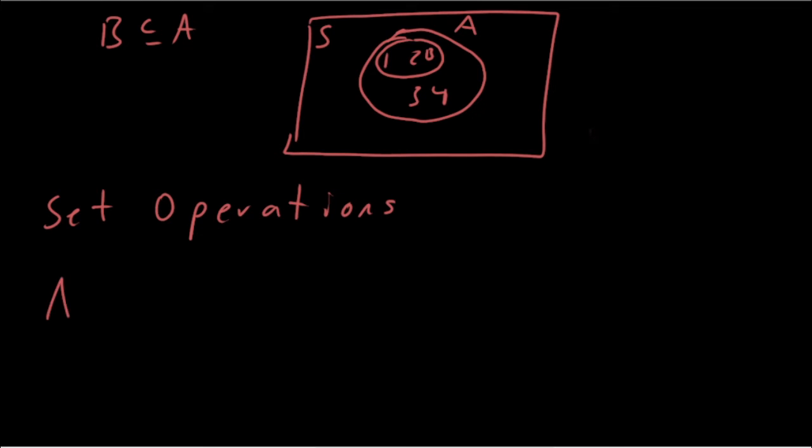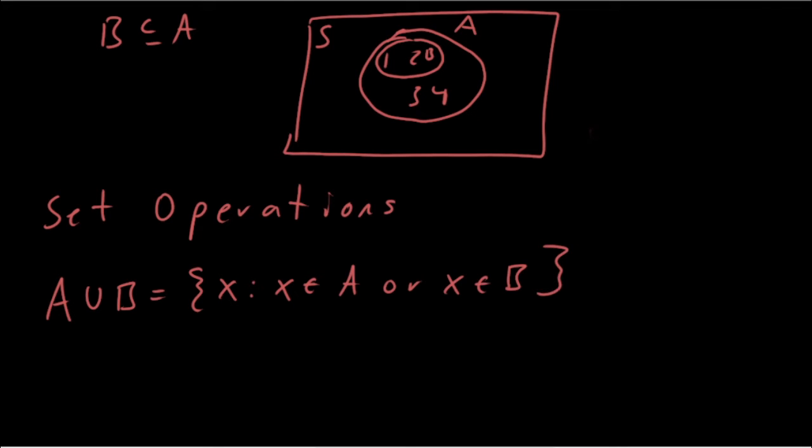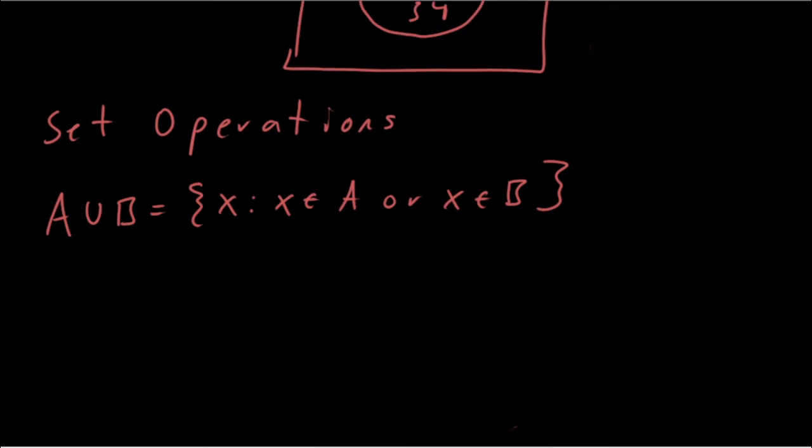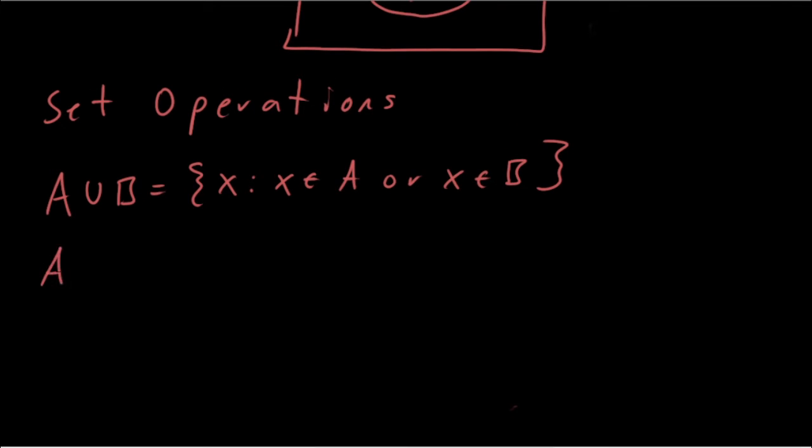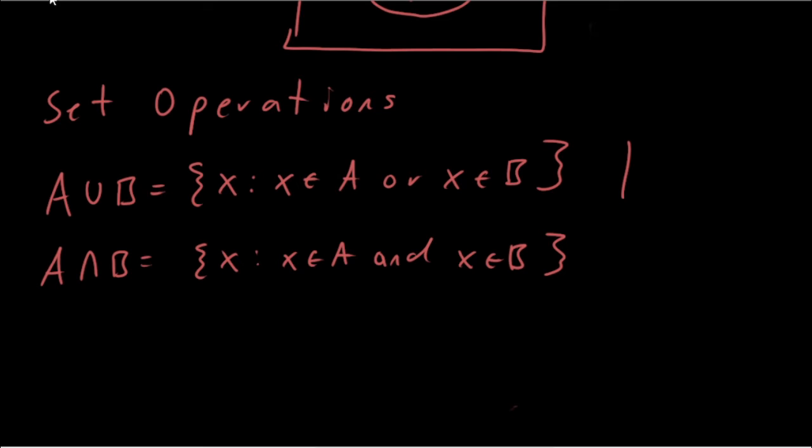A union B is equal to the set of X such that X is an element of A or X is an element of B. So X can be in either A or B to be in this set A union B. And the intersection is equal to X such that X is in A and X is in B. Here's the picture.